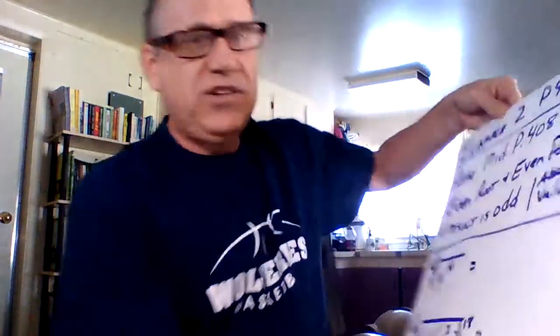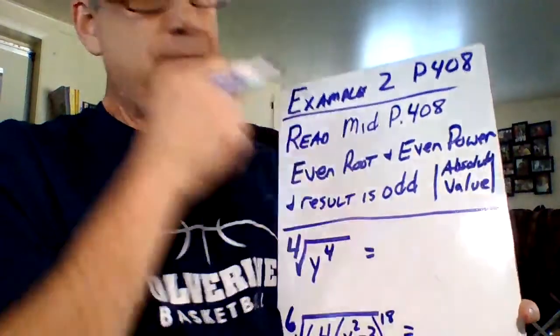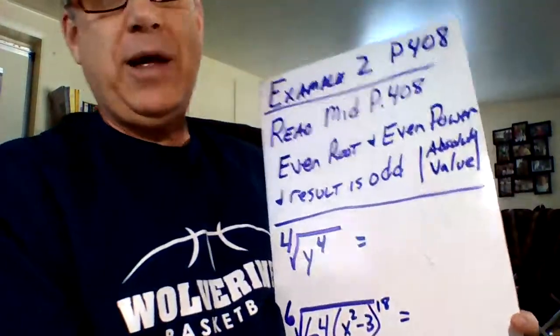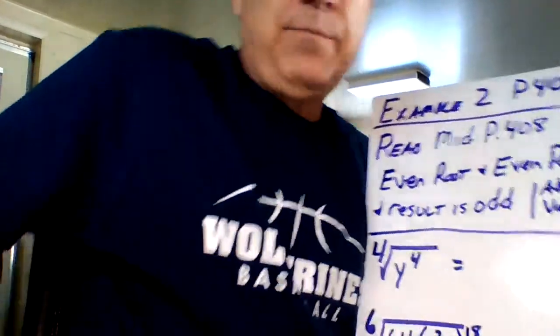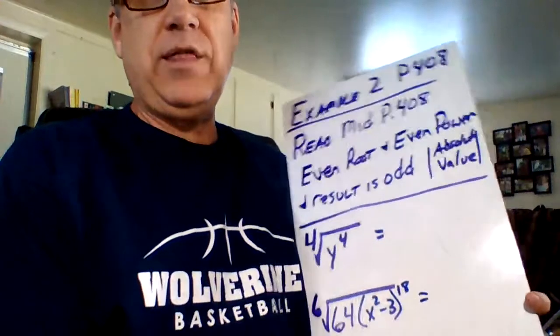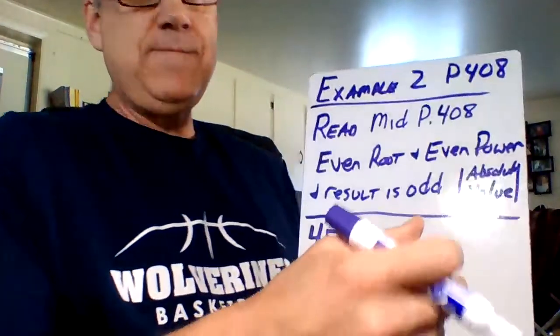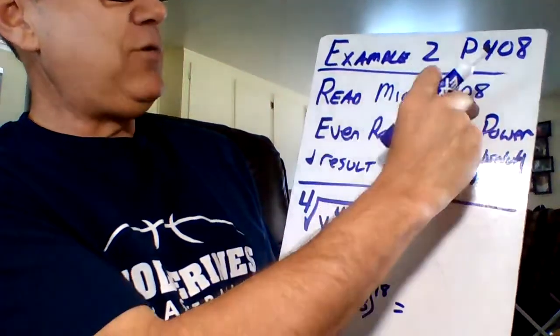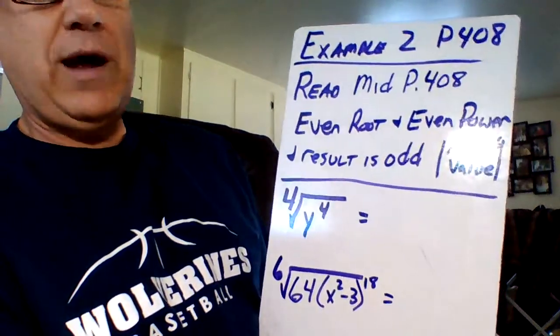Okay? Here's example 2, page 408. Two-thirds of the way down the page, there's a little sentence. This is important when you're dealing with roots. Read mid page 408.